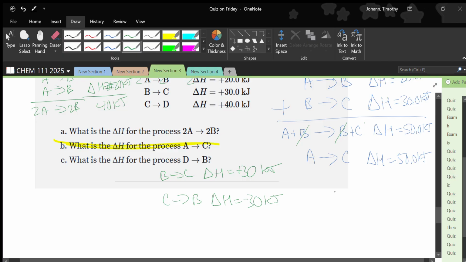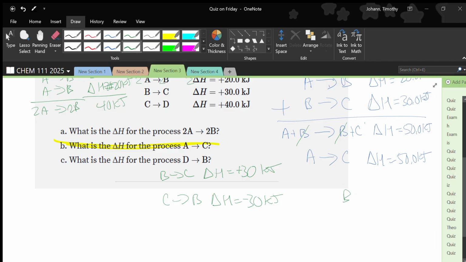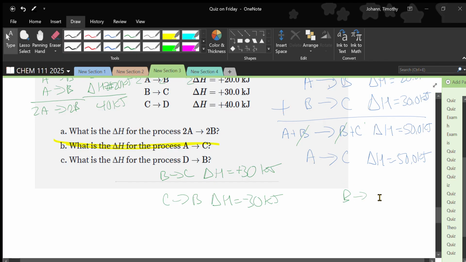Because if we think about it, B goes to C is positive, so heat's over here. But if we go the reverse direction, C goes to B, now heat's over here. Heat's a product. Okay?